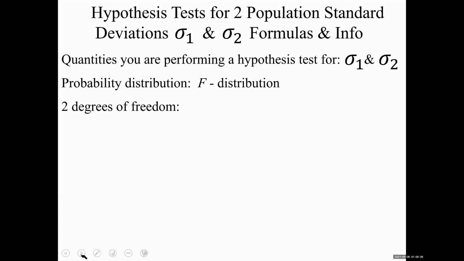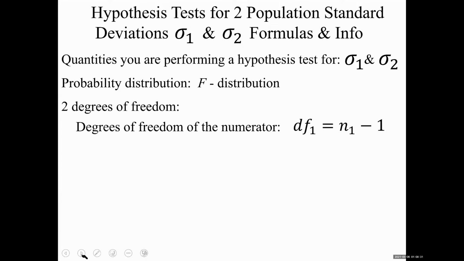Now, you know how the Z distribution doesn't have degrees of freedom, but the T table and the chi-square table have a degrees of freedom formula? Well, when it comes to the F table, we're going to need 2 degrees of freedom formulas. We have 2 sample sizes, so that's pretty easy. We're just going to subtract 1 from each, and we're going to get 2 degrees of freedom. One of them is called degrees of freedom of the numerator. You don't need to worry about that name that much, but it's df1, which is n1 minus 1.